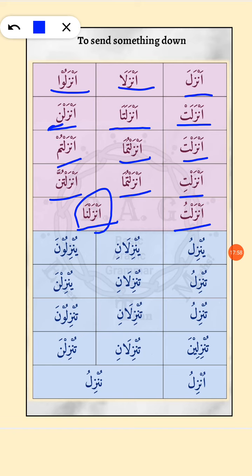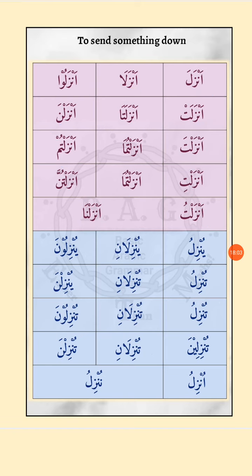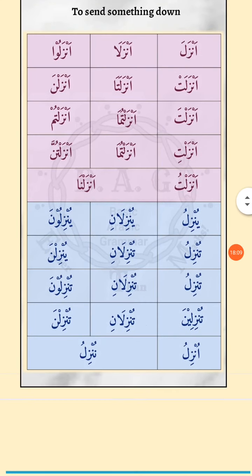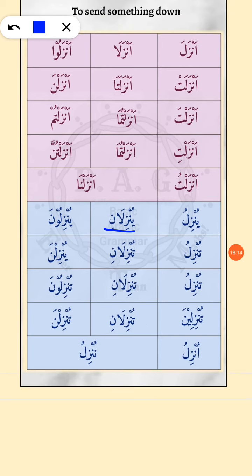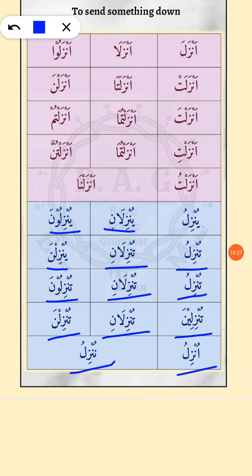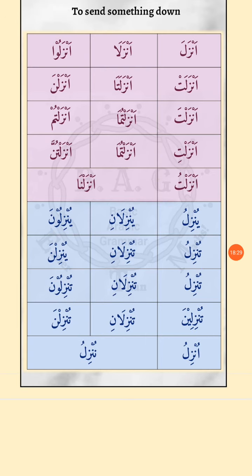Inna anzalna, we'll cover that soon, inshallah. This is the anzalna that we recite in Surah Al-Qadr. Then we have the Muzari version: yunzilu, yunzilani, yunziluna, tunzilu, tunzilani, yunzilna, tunzilu, tunzilani, tunziluna, tunzilina, tunzilani, tunzilna, unzilu, nunzilu. I hope that you got all of these correct.